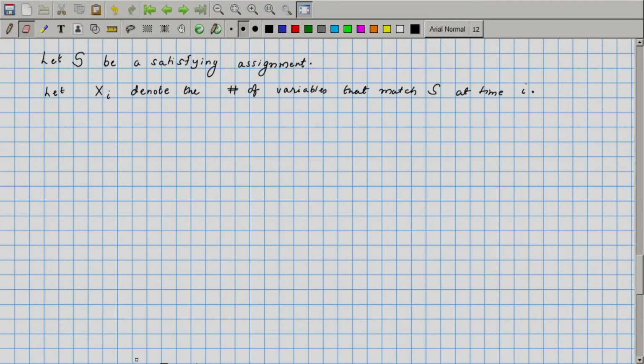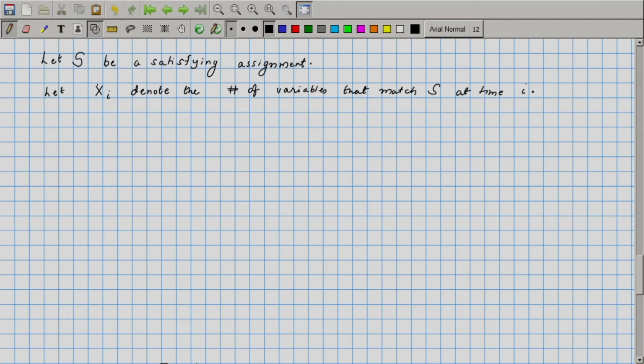And at any time we will look at how many variables match. So, we will define a random variable xi which denotes the number of variables that match S at time i. Of course, there is no way of determining what xi is, because we do not know what the satisfying assignment is. But that is not a problem.